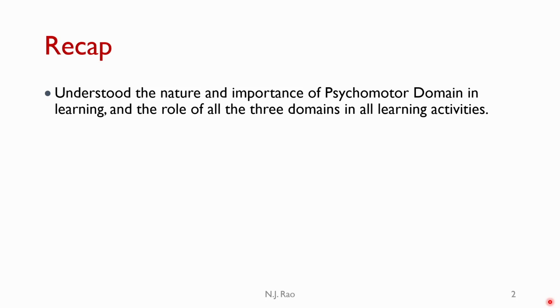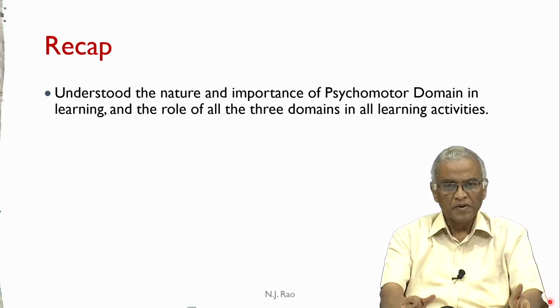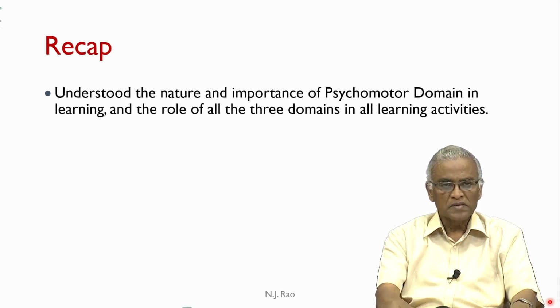What we stated was that when you look from the neuroscience point of view, or from the brain point of view, activities in all the three domains are simultaneously present.